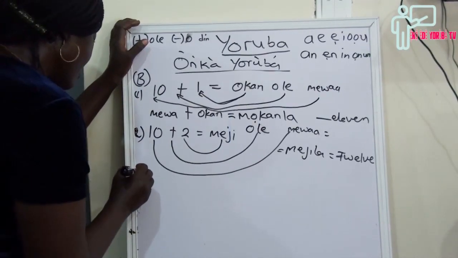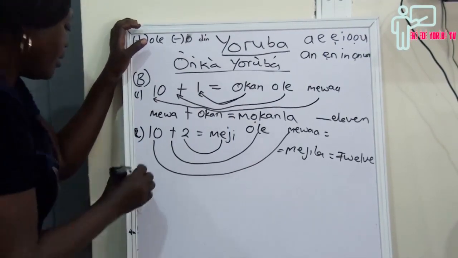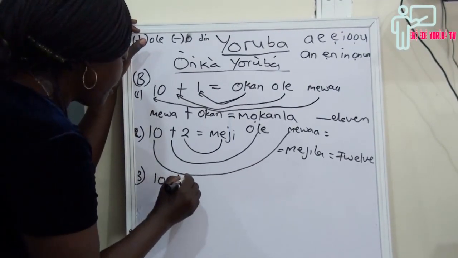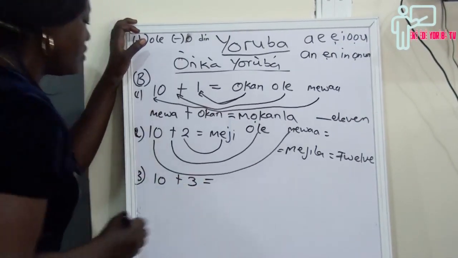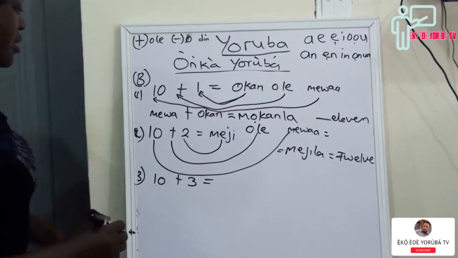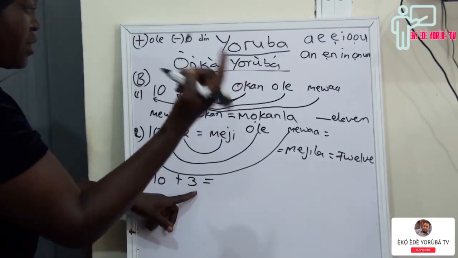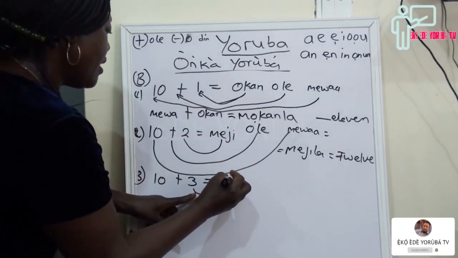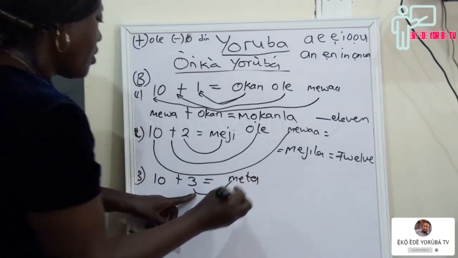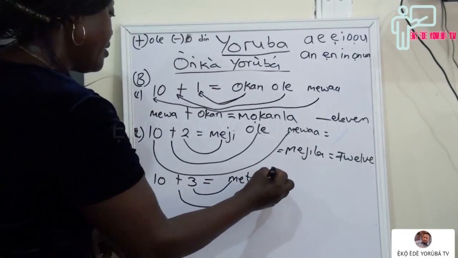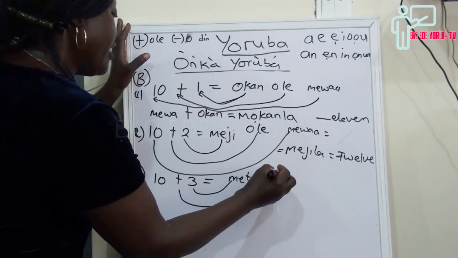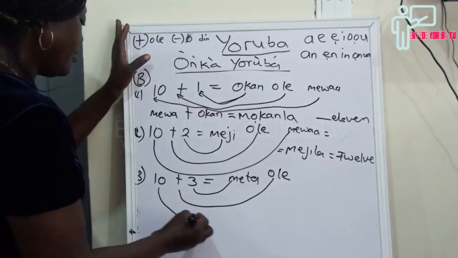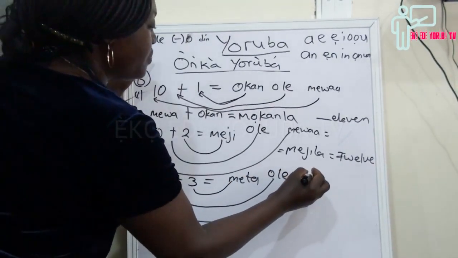So that is it. So this is 3. 10 plus 3. What do we need now? This is also 3. We count from the back to the front. So this one will be mẹ́ta, ole, mẹ́wàá.